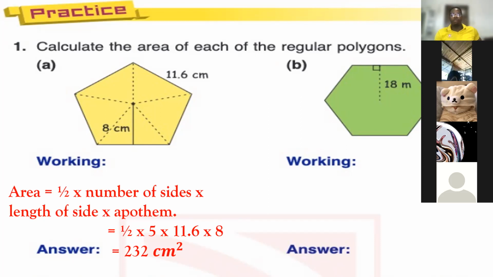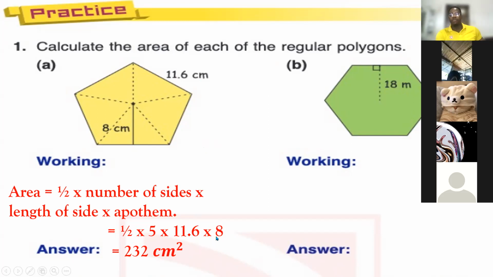So the area is 1 over 2, multiply the number of sides, multiply the length of the side, and multiply by the apothem, okay? So we know the area is equal to 1 over 2 multiply 5, because it's a pentagon, multiply by the length of the side, 11.6, multiplied by the apothem of 8 centimeters. 5 times 8 is 40.